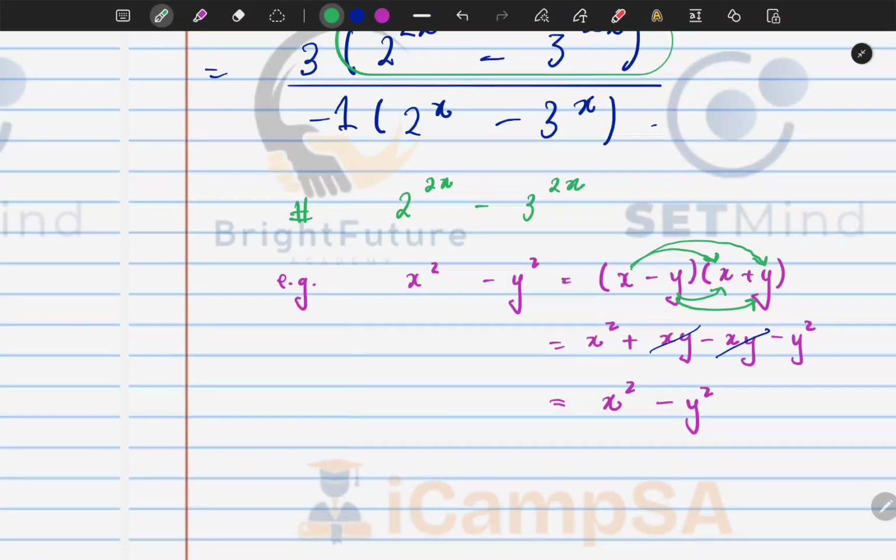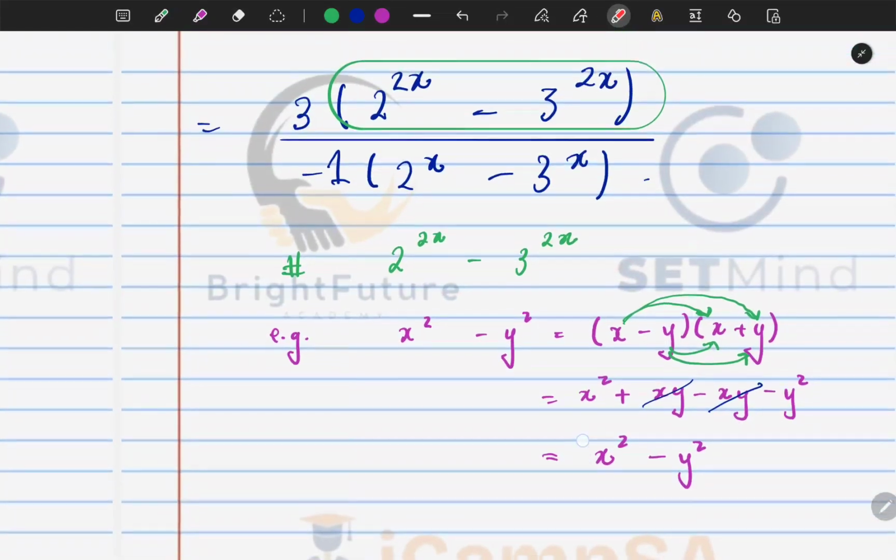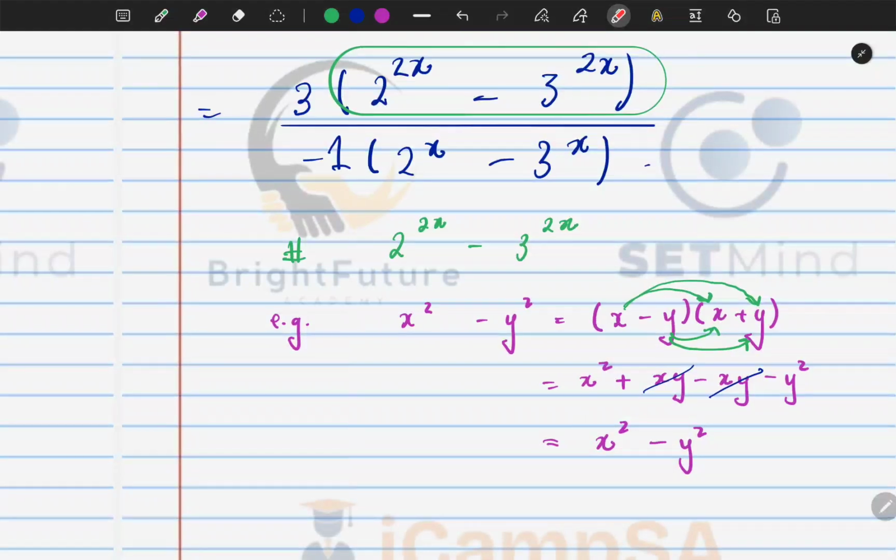So what I'm going to try and do is write this as that, because if I do that, it's going to give me a similar bracket as this one, which I'll be able to cancel out.